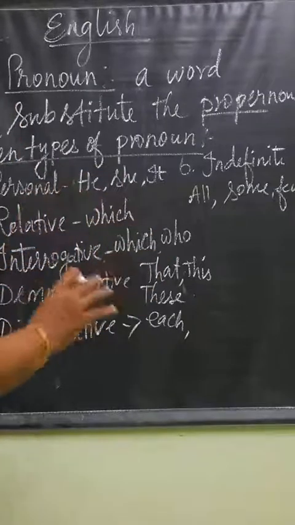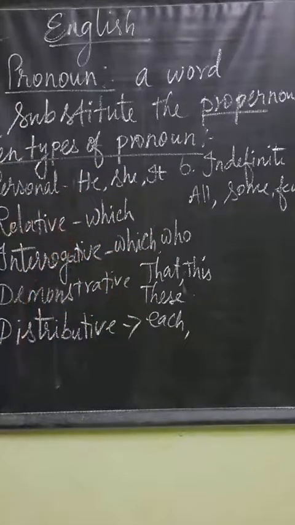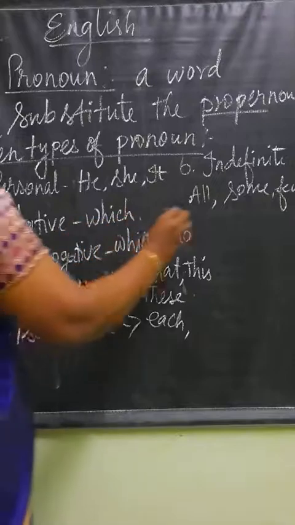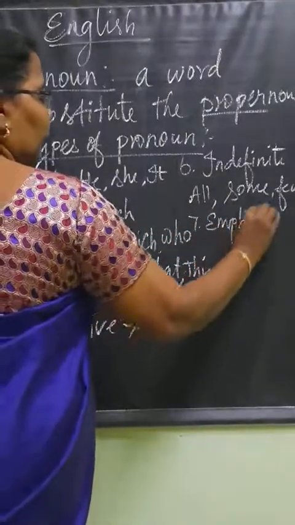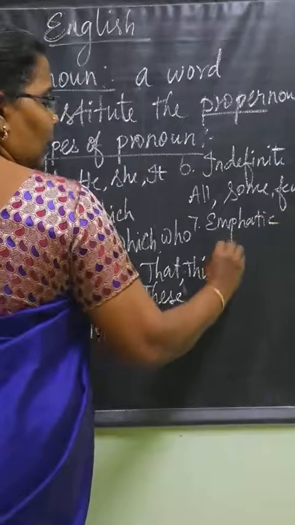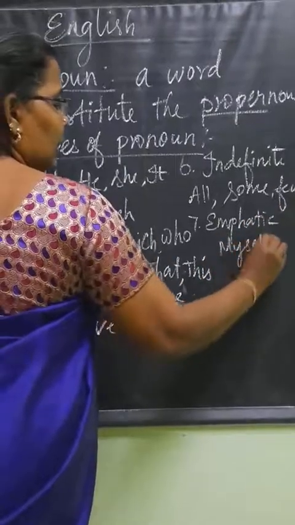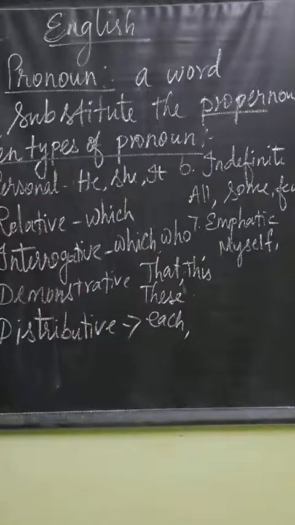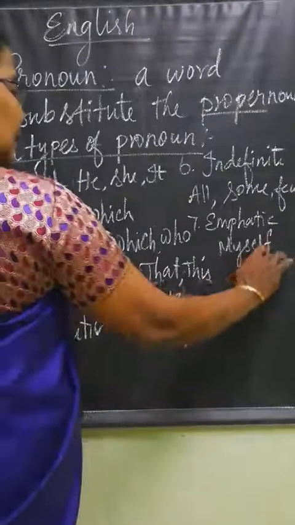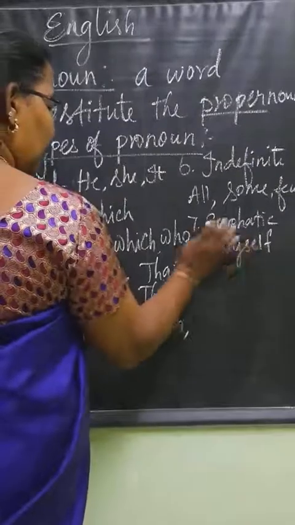We make it indefinite. Emphatic pronoun: myself, herself, isn't it? Myself, himself, herself are called emphatic pronouns.